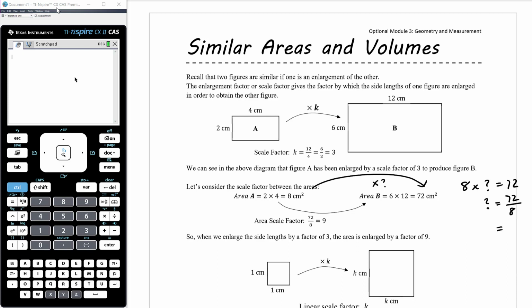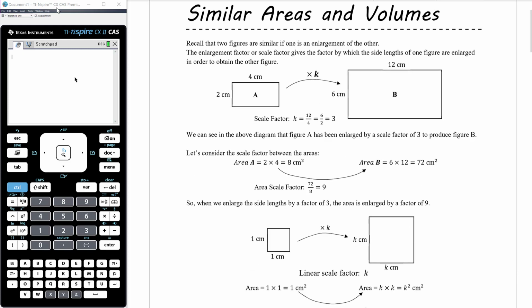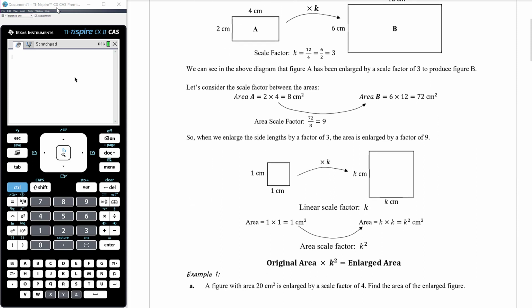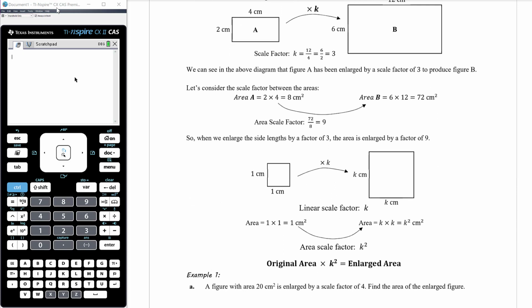So when we enlarge by a scale factor of 3, that means multiplying all the lengths by 3, but the result of that is that all of the area ends up getting multiplied by 9. It's a 9 times bigger area. Okay, so when we enlarge the side lengths by a scale factor of 3, the area is enlarged by a factor of 9.